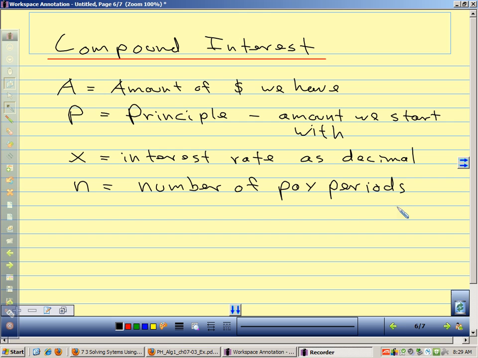So N would be like quarterly, daily, semi-annually, that kind of thing. So if N were quarterly, our number of pay periods per year would be 4. And I should say, for the interest rate we're talking about today, we're talking about the annual interest rate.